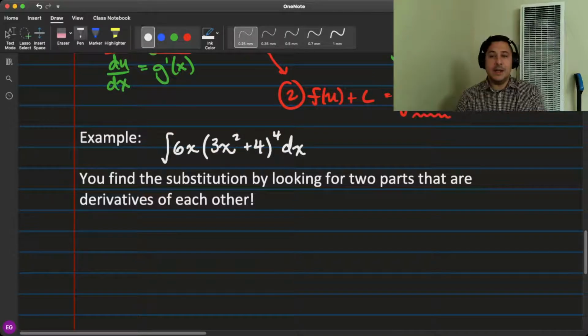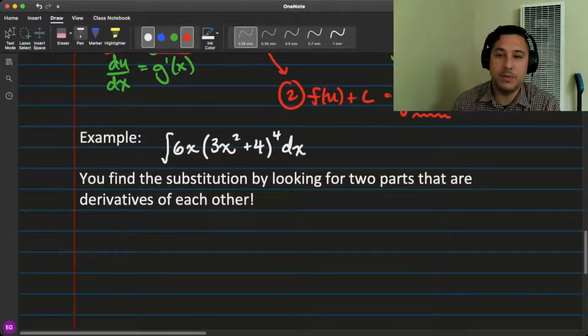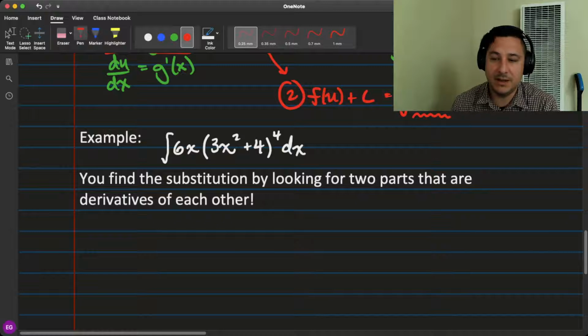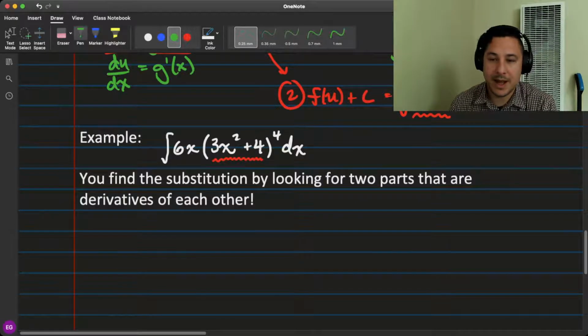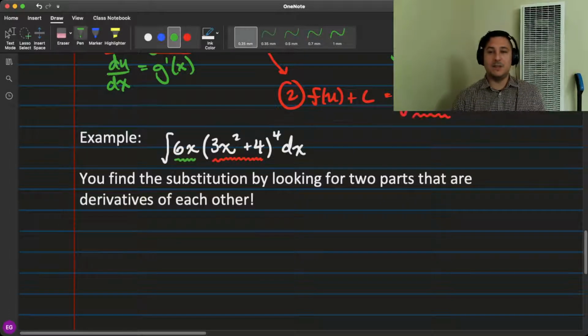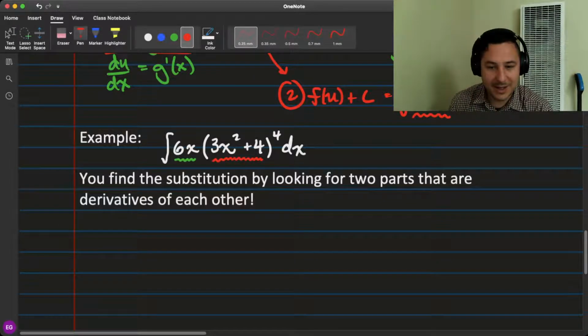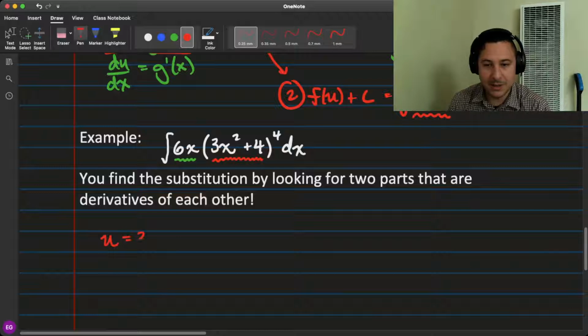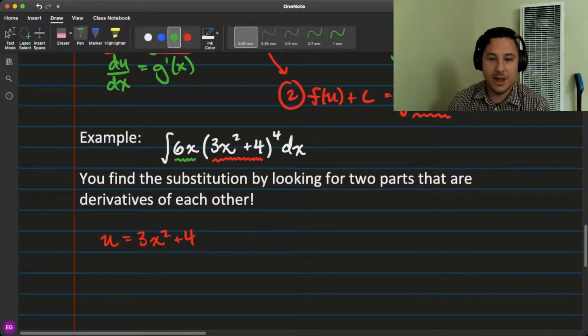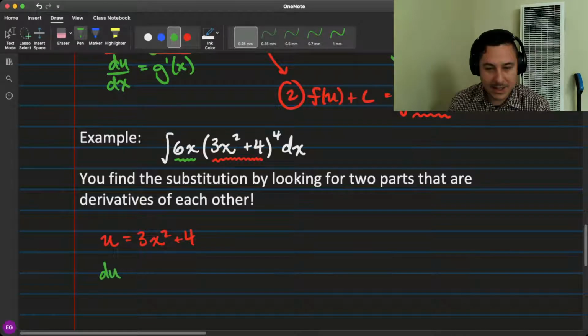And you can see right away that the two parts are not that difficult to find. If you look at 3x squared plus 4 and 6x, what do you notice about them right away? Well, if you call u 3x squared plus 4, then du dx equals 6x.